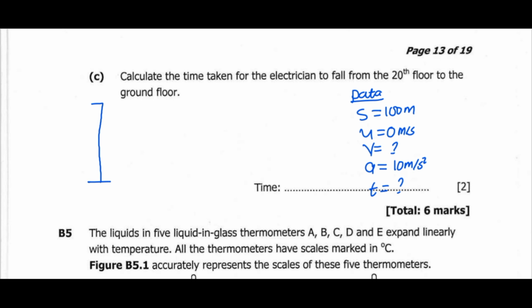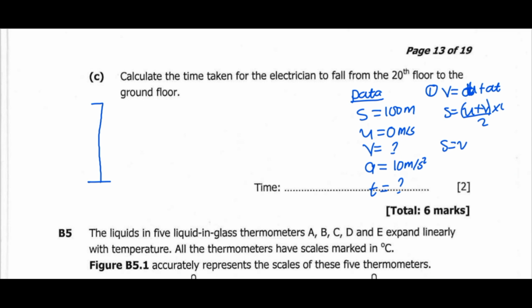Then we have the equations of motion. The first one, final velocity is equal to u plus at. Then the second one, s is equal to u plus v over 2, times t.